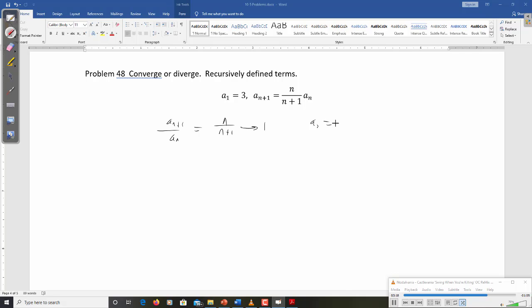a sub 2 would be 2 over 3 times 3. A sub 3 would be 3 over 4 times 2 over 3 times 3.